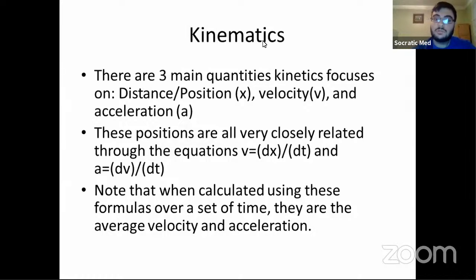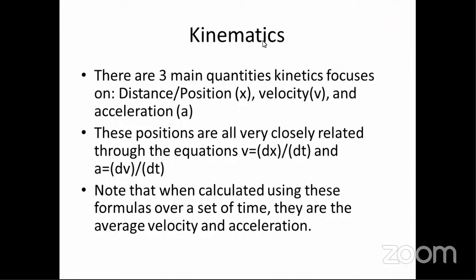Using this equation, we would find that your average speed or average velocity would be 10 feet per second. But that doesn't necessarily mean at all points you're moving at 10 feet per second. At some point in time, you're probably moving 8, some point in time, you're moving 12, and so on and so forth. But the average from what we can see is 10 feet per second, okay?